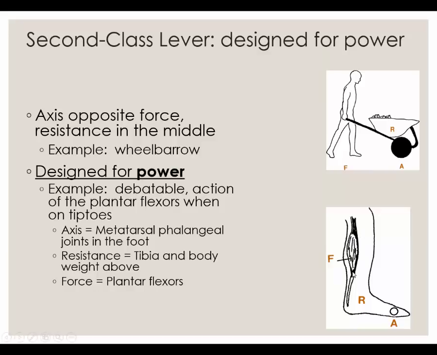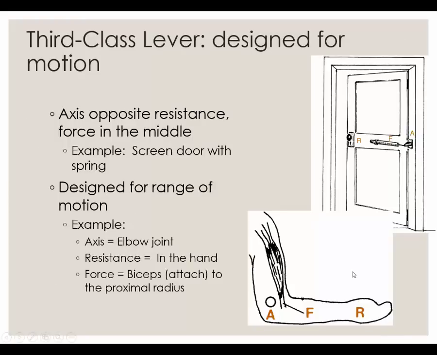Third class lever designed for motion. Let's see, axis is opposite of the resistance and the force is in the middle. It's designed for range of motion when it comes to the human body. A great example would be the elbow joint. So you have your axis here at the elbow. The resistance would be whatever's in the hand or the hand itself, okay?